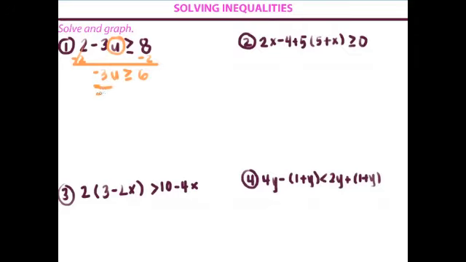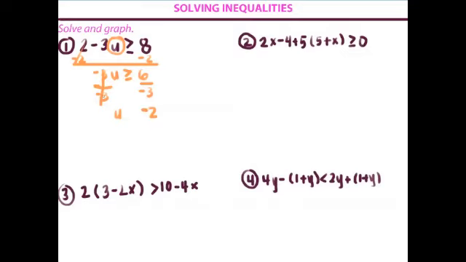And here's where our new thing is going to happen, the only thing that's going to make this different. When you divide or multiply by a negative number, yes, this cancels u, and on the right side, 6 over negative 3 reduces to negative 2.